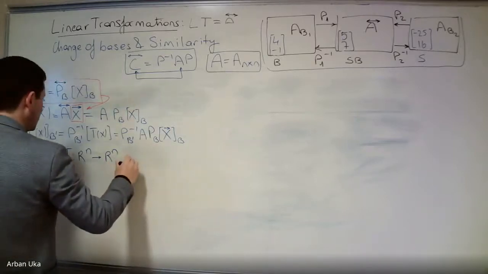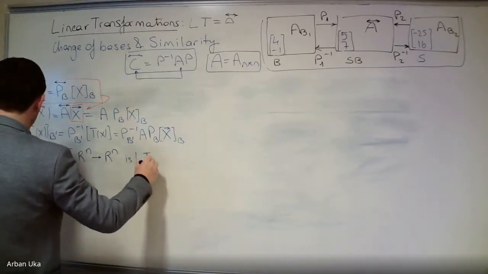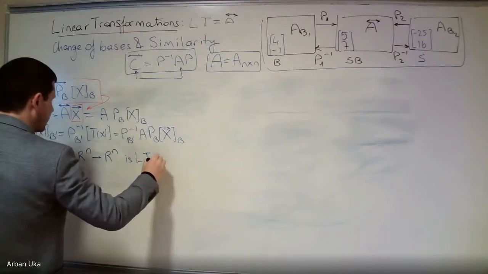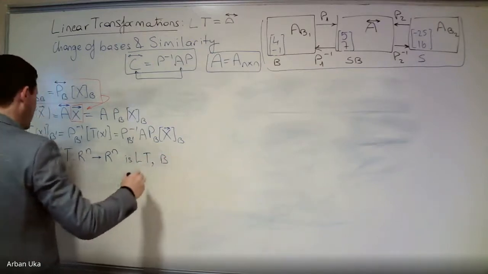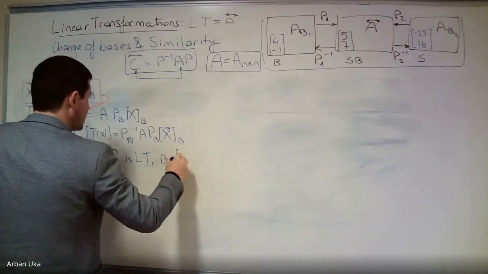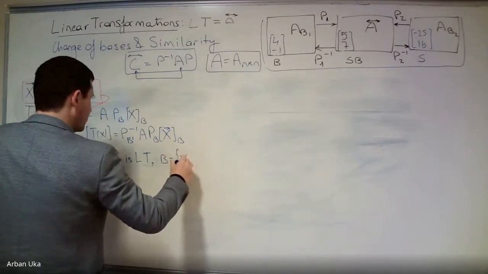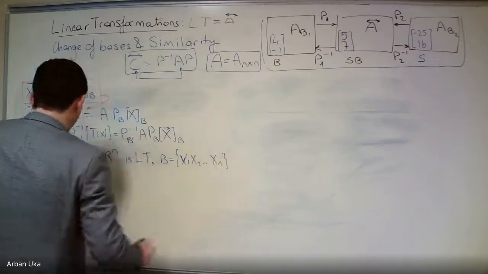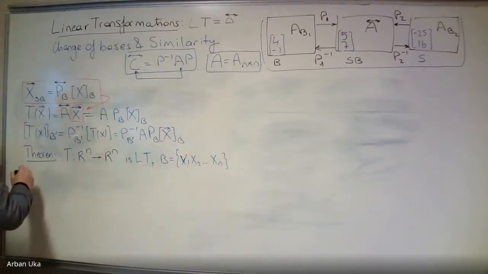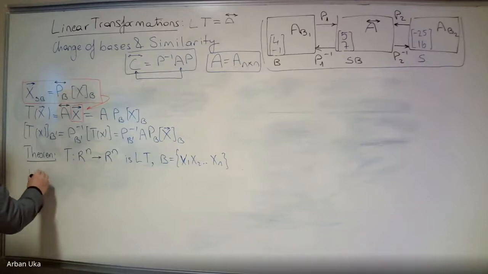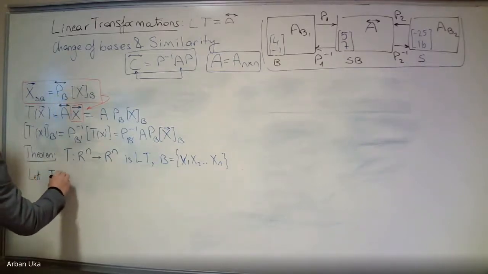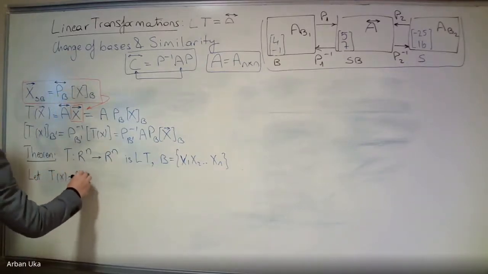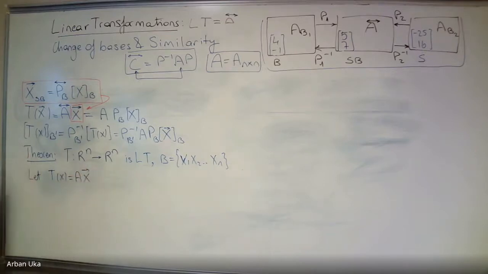So T is a linear transformation. That's the first given. Also given is that B is a basis composed of vectors x1, x2, and xn. So this is the basis. Then let T of x be equal to Ax. So the linear transformation on x would be equal to Ax.